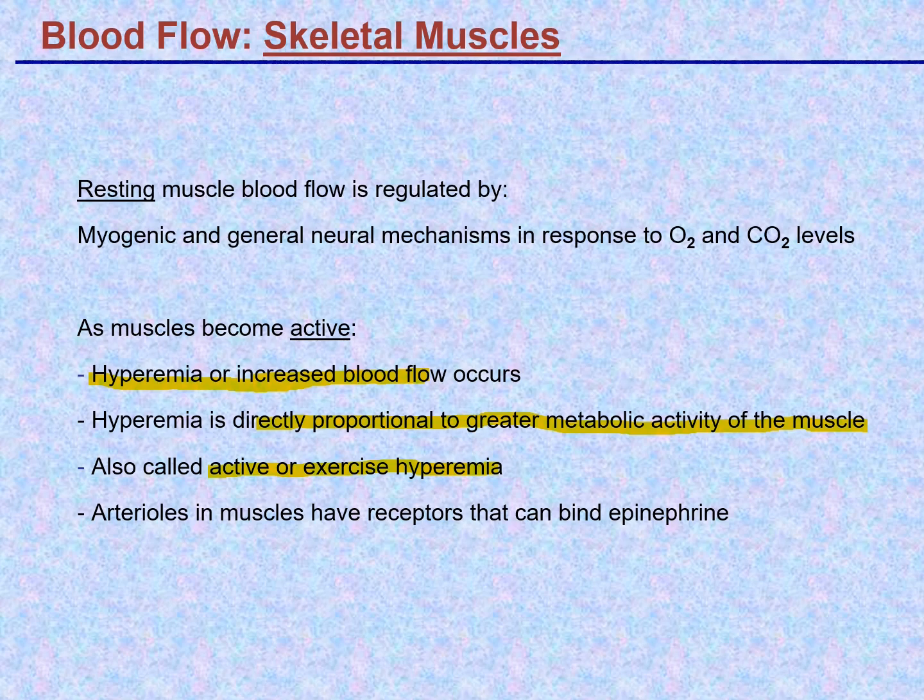And so you get an increase in release of adrenaline or epinephrine, and that can bind to receptors in the smooth muscle around arterioles, and that causes vasodilation. So you get a relaxation of that muscle, vasodilation, so the blood flow into that muscle increases.